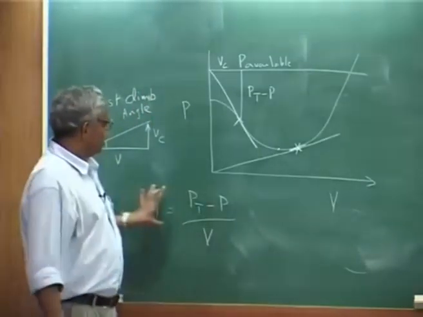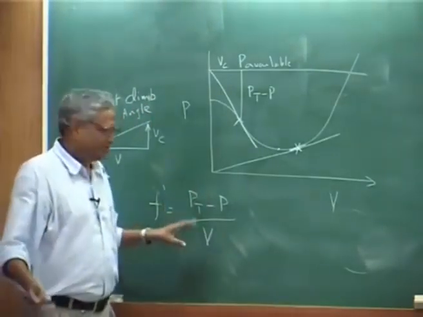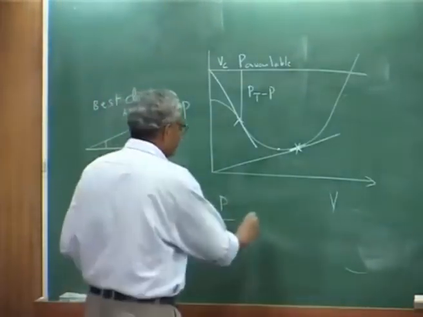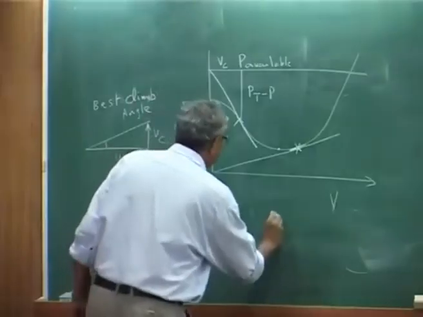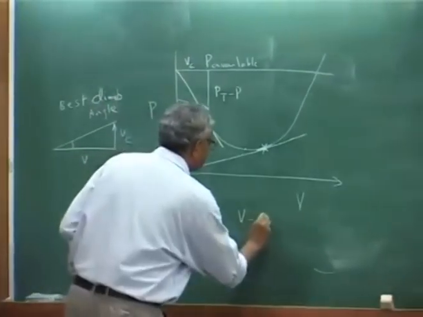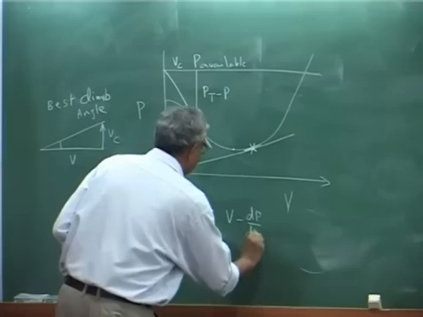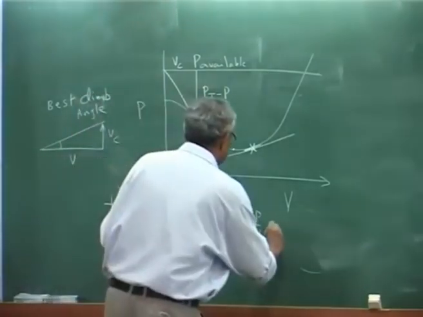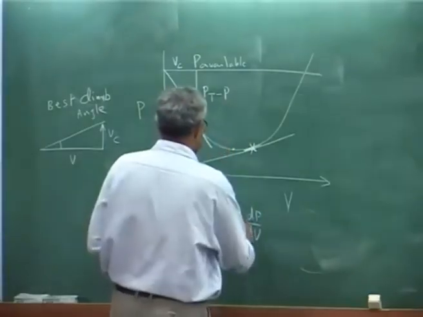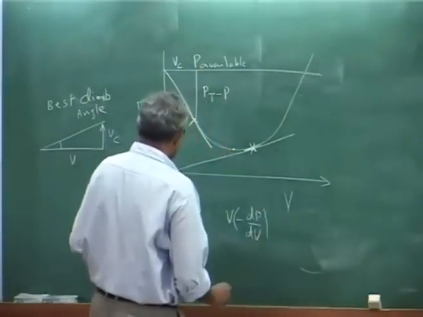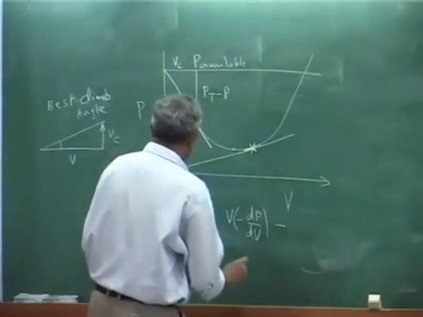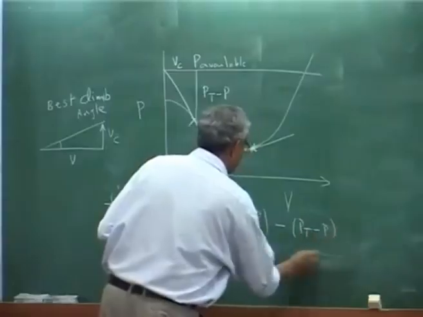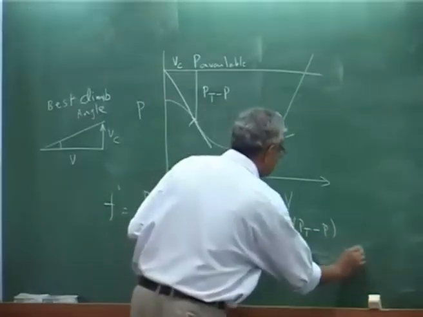If you want to maximize that, what will you do? V du minus u dv. When you do that, you will have V minus dP by dV, because power is a function of velocity, and power available is fixed. Then V du minus u dv, that is into Pt minus P over V, you set it 0.